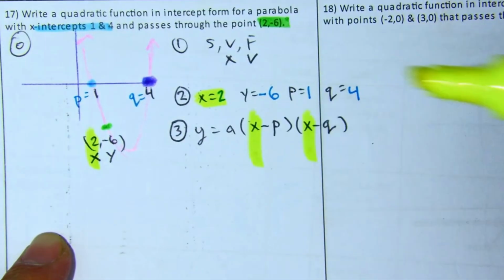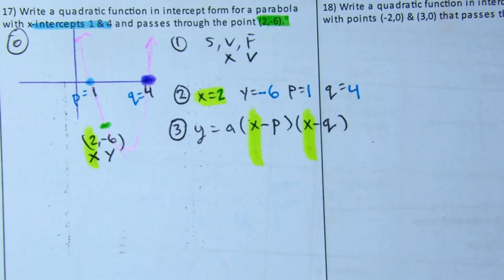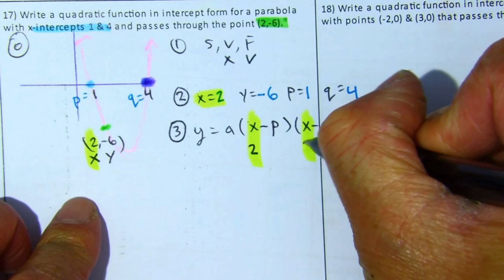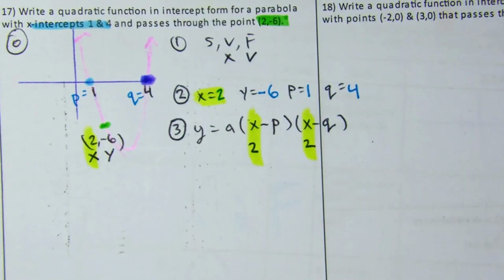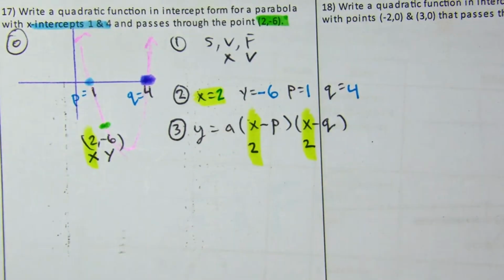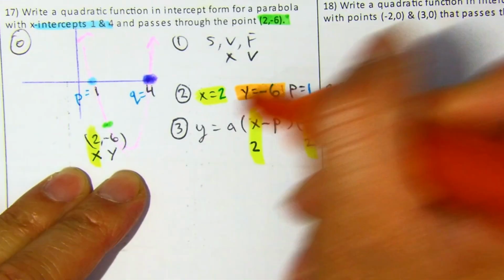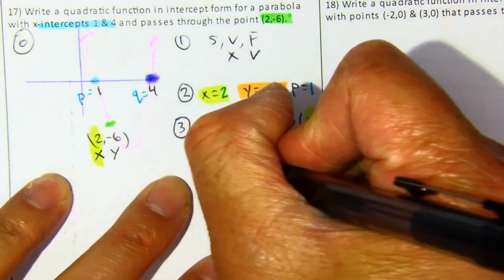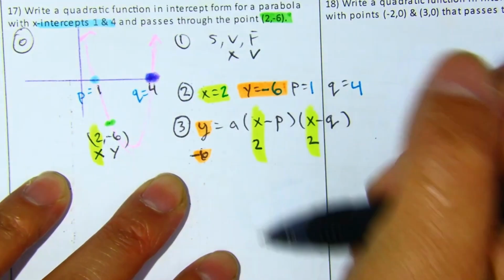It's the same number. Our y value is negative 6. We're trying to solve for the a value, so I'm not going to touch that.